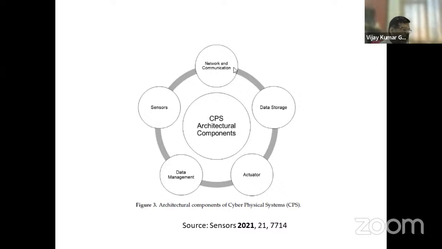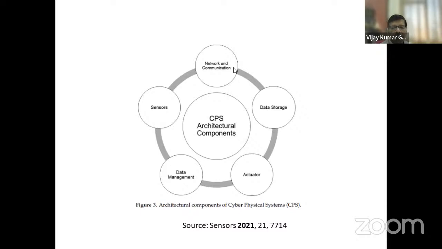So there are a number of communication systems which have been developed over time, and now the focus, when we are talking about the cyber physical system, is towards low power communication systems.